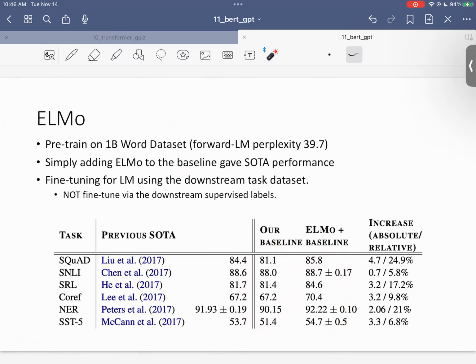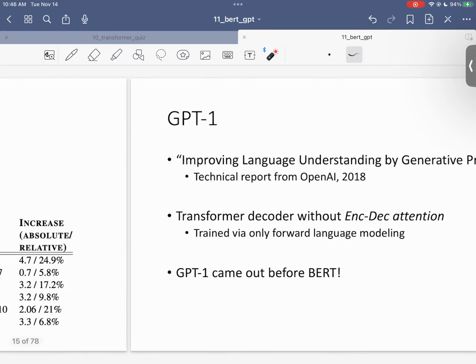Why is this? Because ELMo has seen a lot of English text, so it knows what's happening in language generally. It has a good understanding of context and semantics and whatnot. So plugging it in under the baseline will give you an immediate performance boost. So that was ELMo.